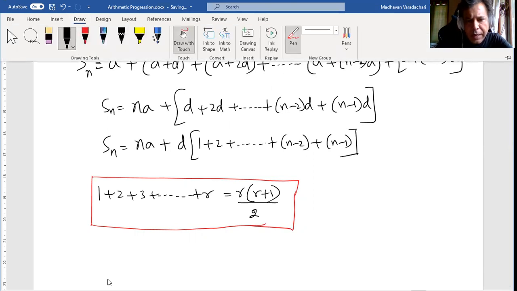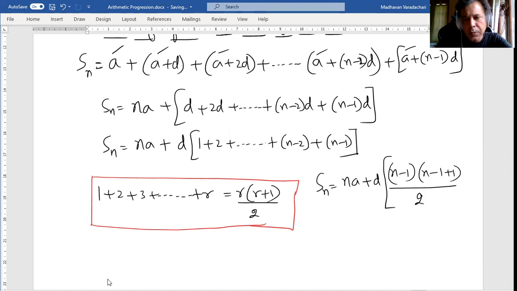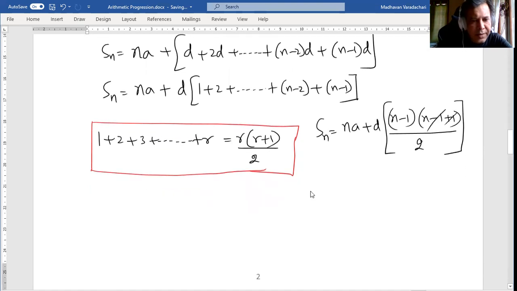So I can write Sn as n times a plus d times, instead of r, n minus 1, that means n minus 1 times n minus 1 plus 1 divided by 2. So this minus 1 plus 1 gets cancelled. So I can rewrite my Sn as na plus d by 2 times n minus 1 into n.